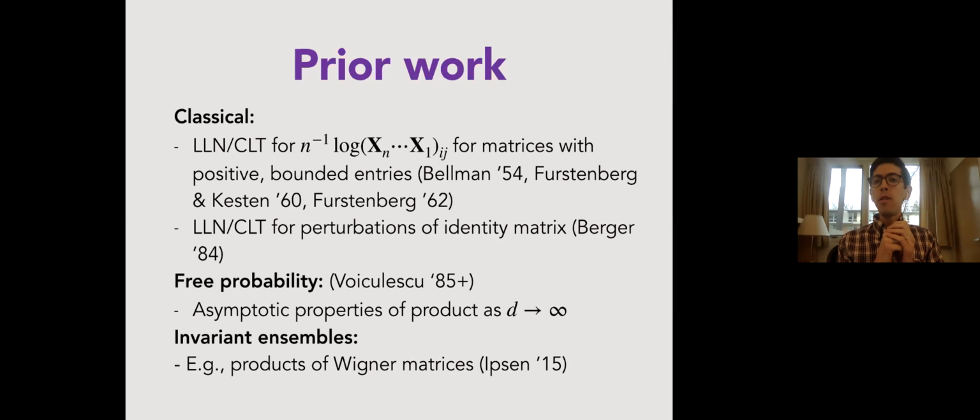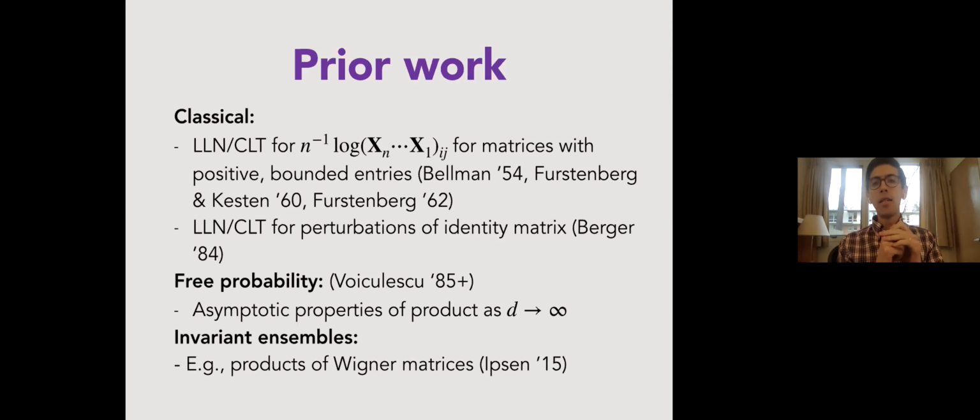In that case, a series of works was able to conclude that there's a type of entry-wise law of large numbers that holds for matrices of this type. If you make the assumption that all of the entries are bounded on the same scale, then when you take the product of these random matrices, take the logarithm and normalize it in the appropriate way, you can see law of large numbers type behavior, and you get a CLT for the fluctuations of this object.